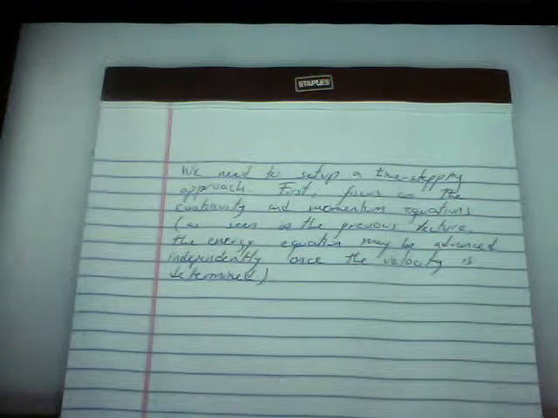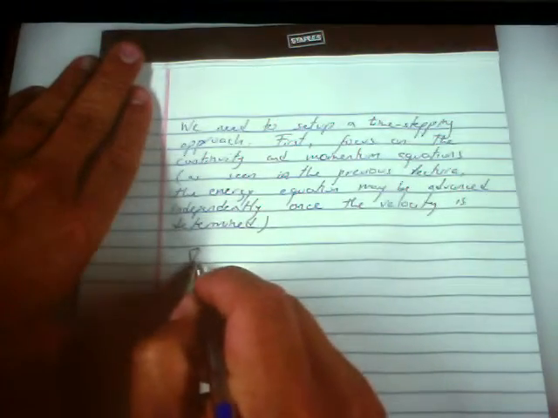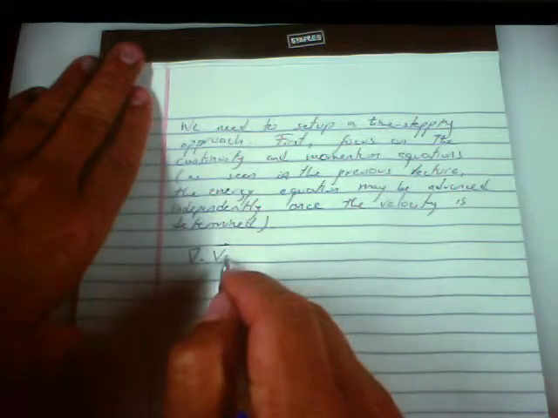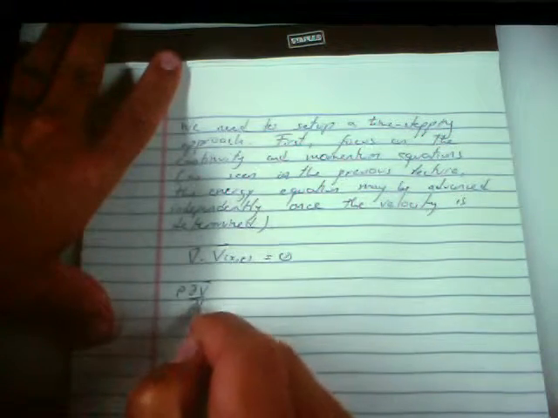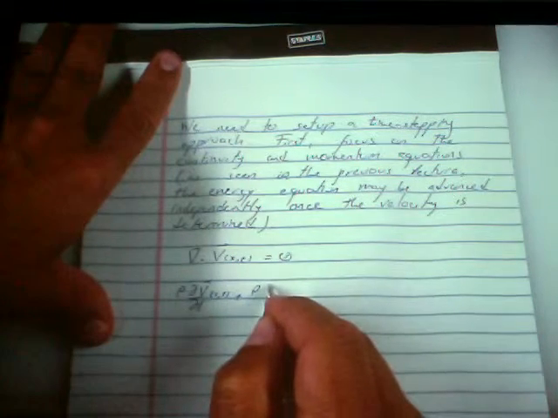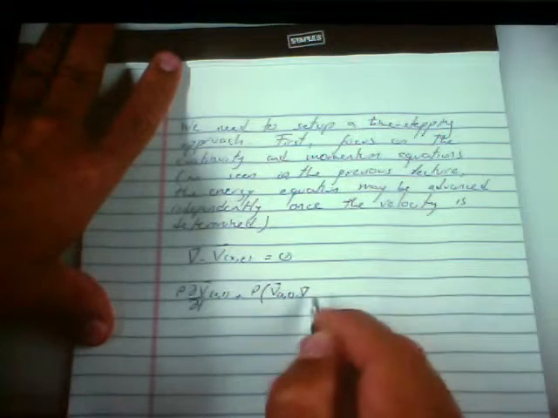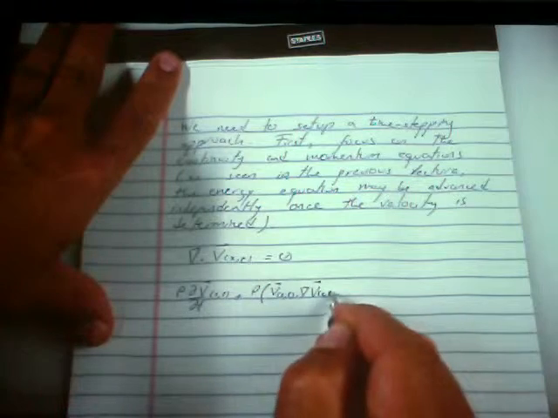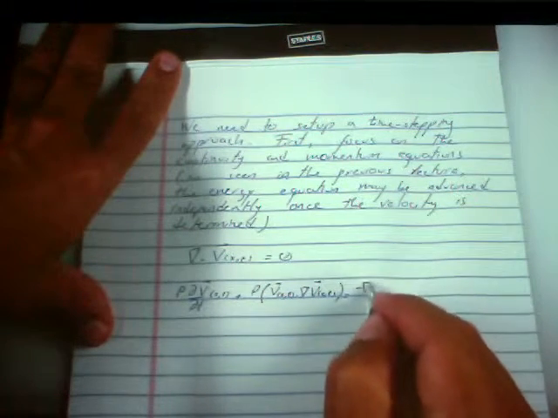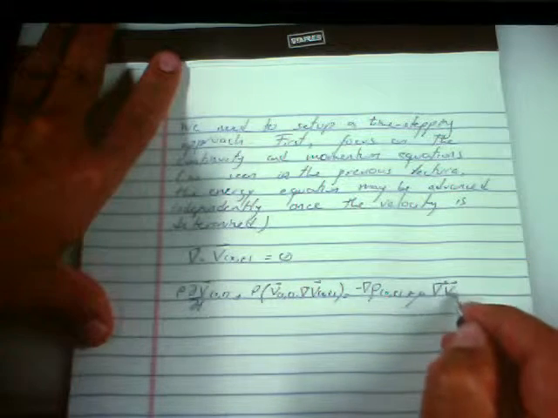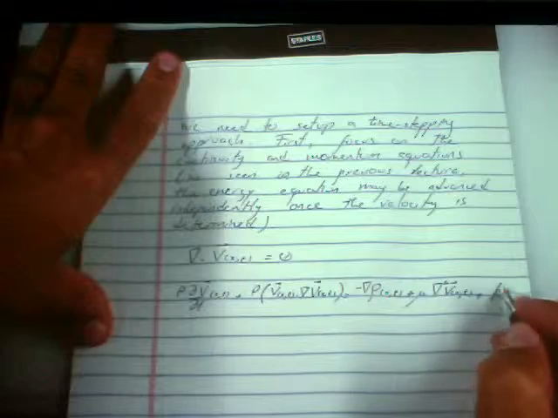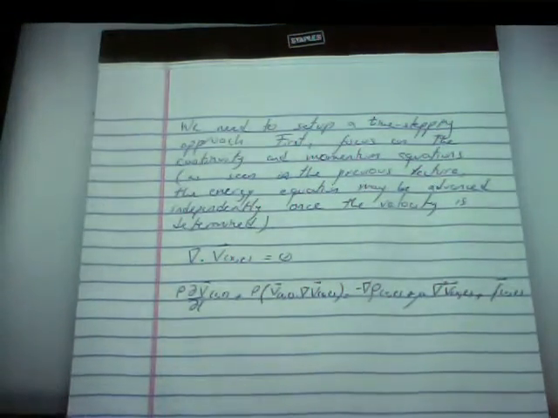And what we have is the following. The divergence of V is equal to 0, and rho, I'm going to go back to the compact form, DV/Dt is equal to minus the gradient of the pressure plus mu Laplacian of V plus F. So I went back to the vector form of the equation.